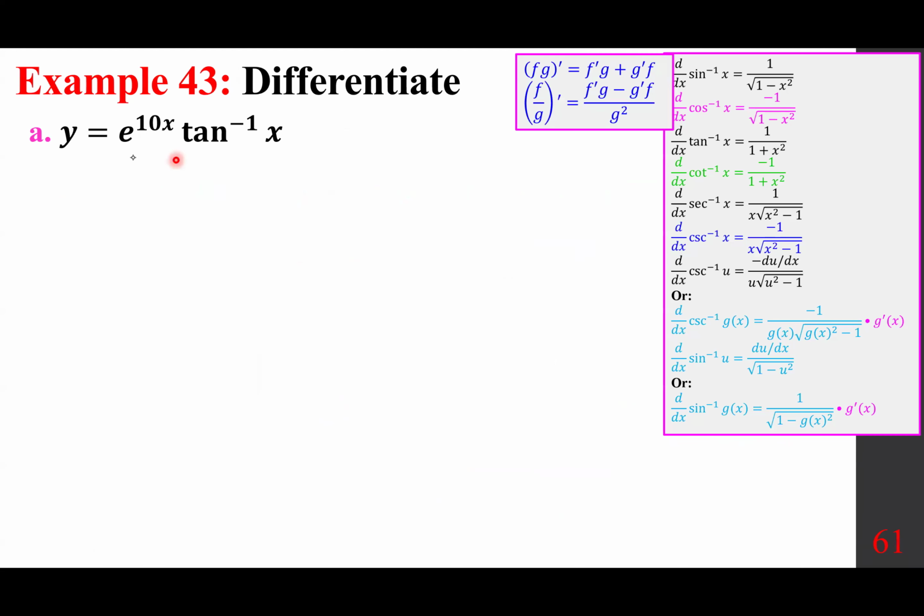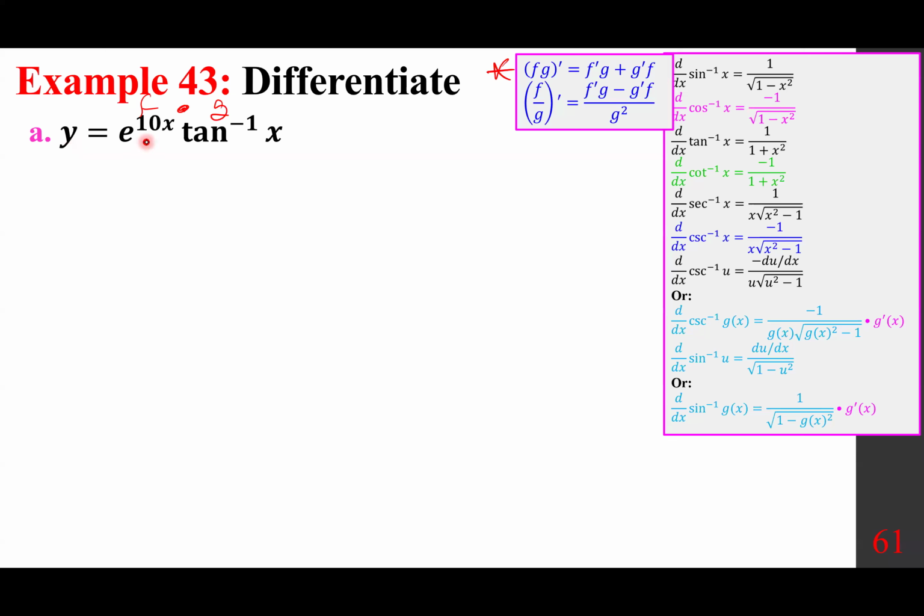Now let's differentiate y equals e to the power of 10x times tan inverse of x, and I'm going to put f g, meaning we have to use the product rule on this. F prime, what is the derivative of e to the power of 10x?